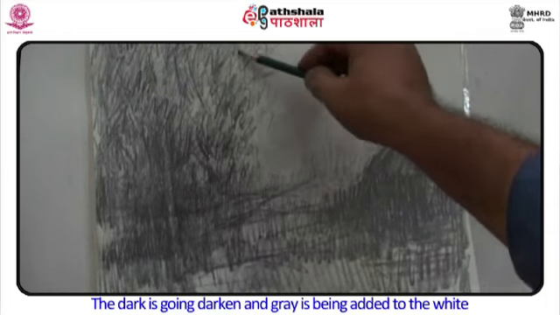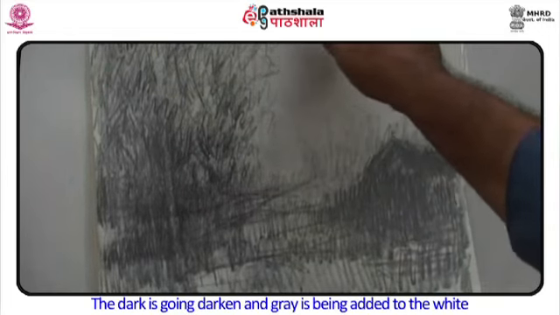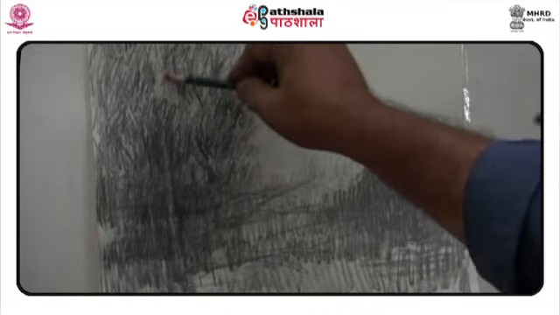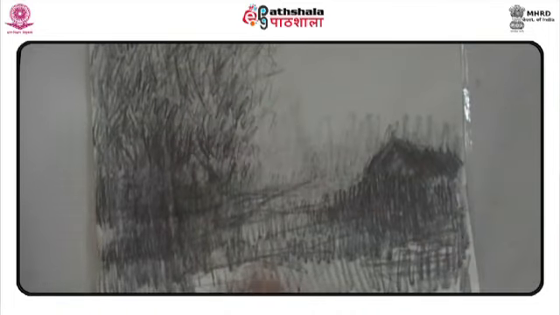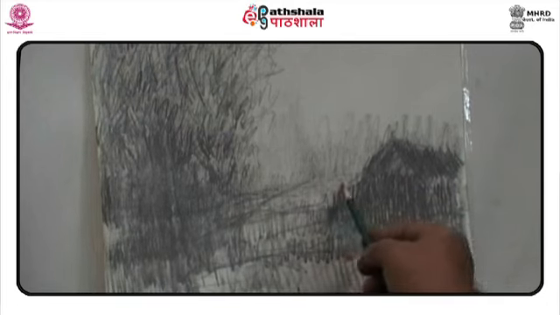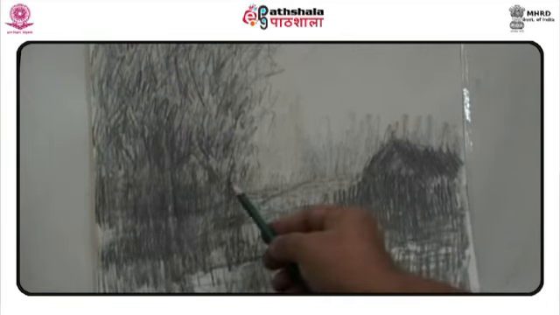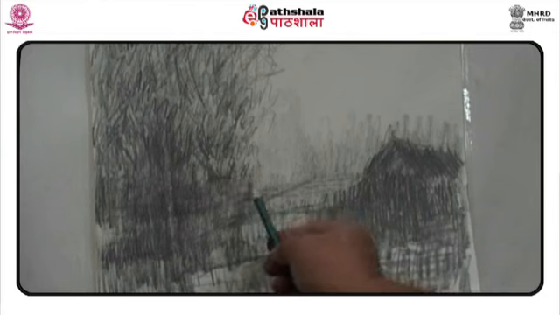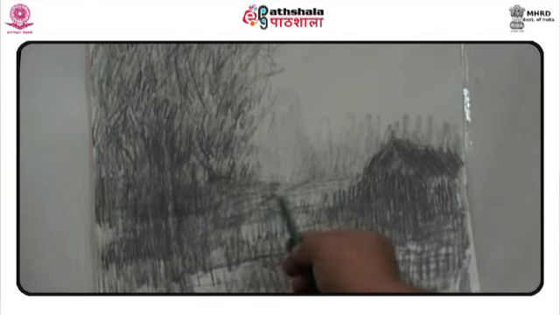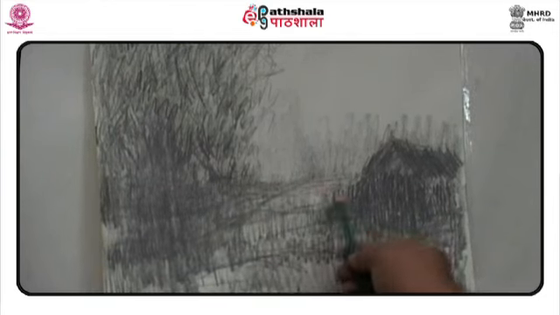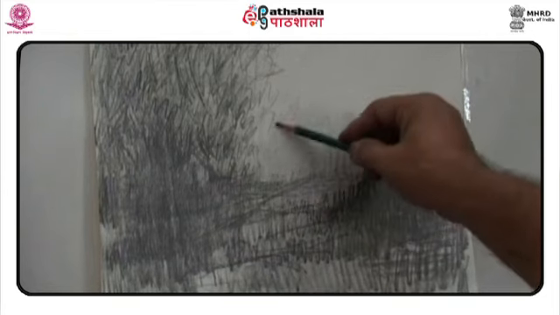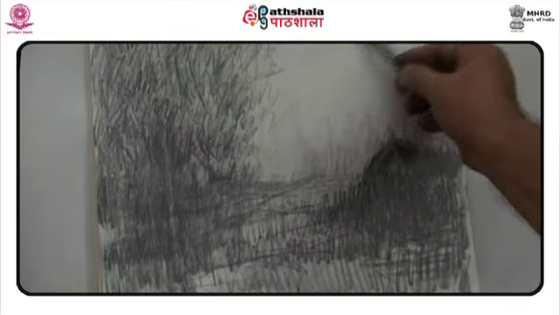The dark is going darker and grey is being added to the white. The slanting lines will indicate the sky, and a little doodle can give the impression of the clouds.